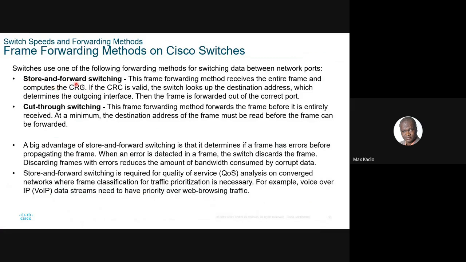Store and forward switching is going to check everything, if there is no error, before it allows you to go. So it's a bit slow. The other way, if you have, let's say, 10 fields or 10 sections, you check the first, the second one, okay, I'm okay with you, proceed.